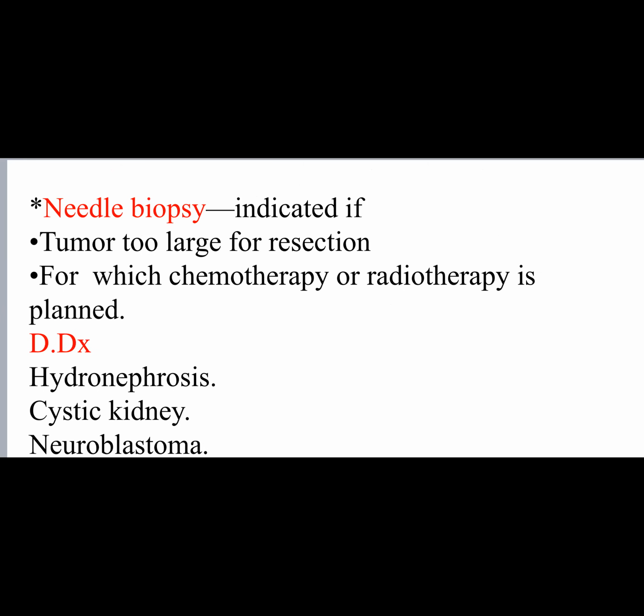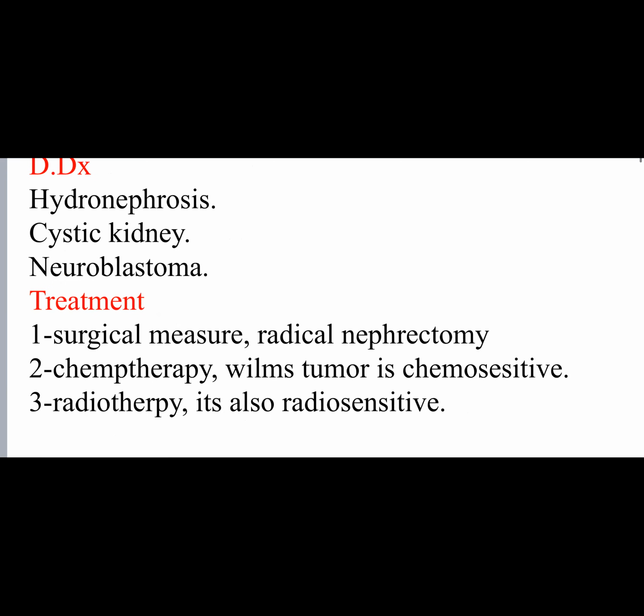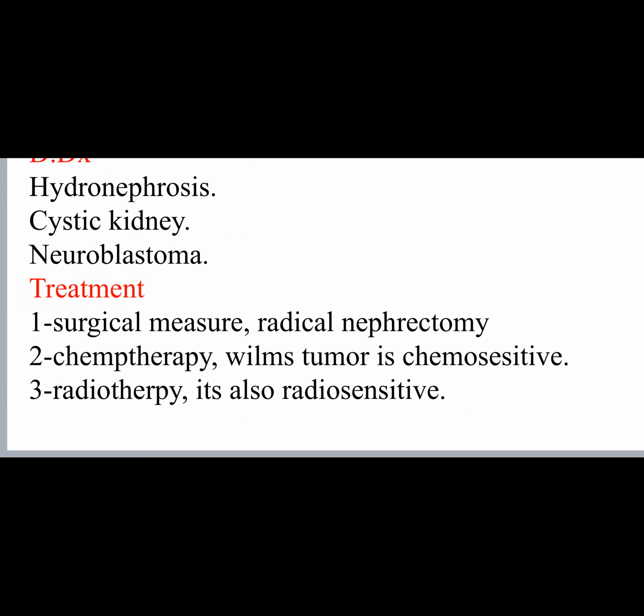Differential diagnosis: hydronephrosis, cystic kidney, and neuroblastoma. Treatment: surgical measure, radical nephrectomy, and chemotherapy, since the tumor is chemosensitive, and radiotherapy, since it is also radiosensitive. So there are 3 modalities for treatment of Wilms' tumor.